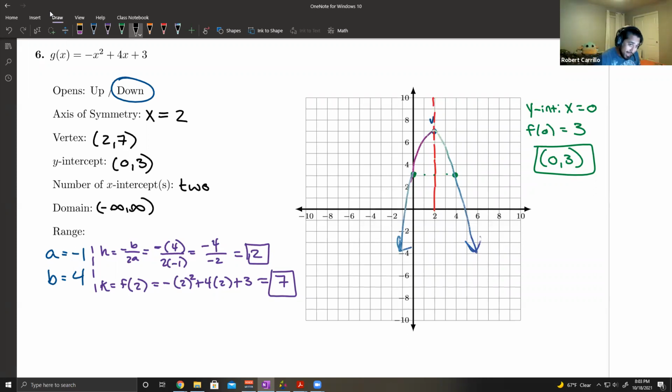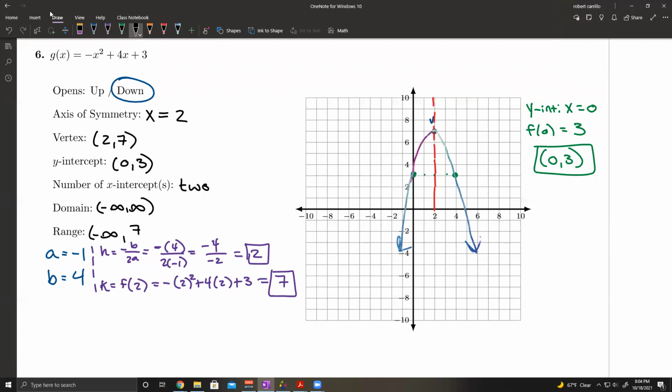And since this opens down, where do we start at for our range? Negative infinity. Good. And then we come up the number line and we stop at the y value of the vertex, which is 7. There we go.